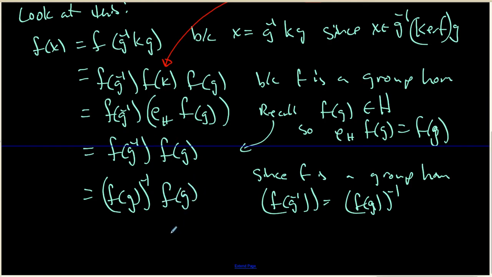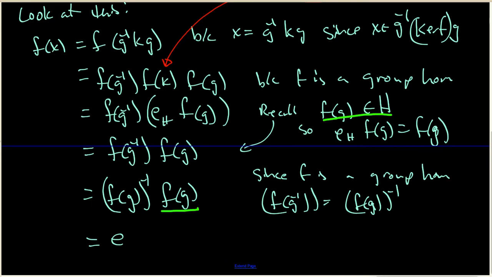Now, what I want to look at here is I've got an element f of g times its inverse. And I know that any element times its inverse is just the group identity. And finally, as we've already pointed out, this element here belongs to H. It's right up there.